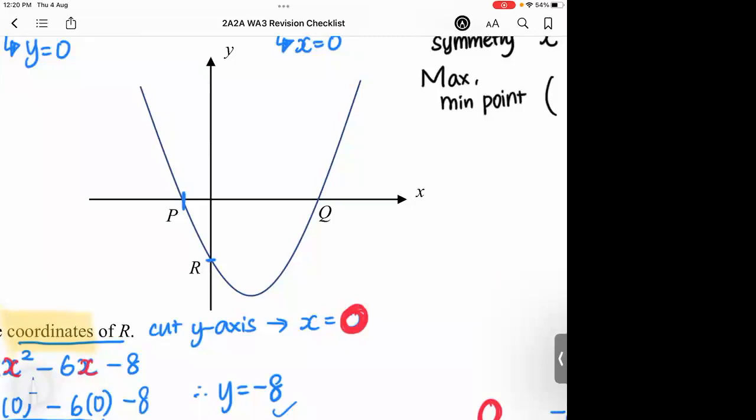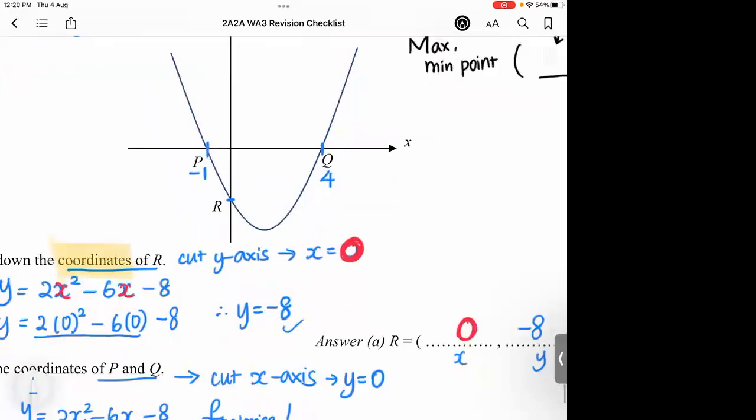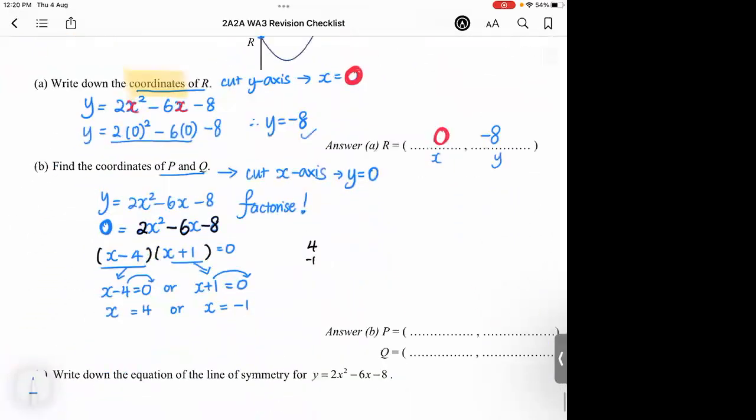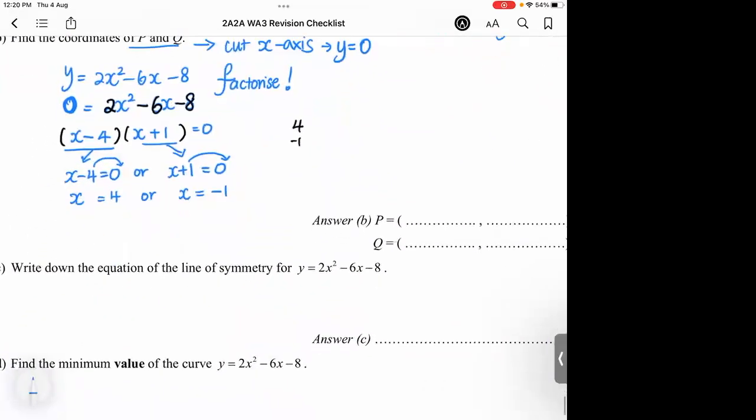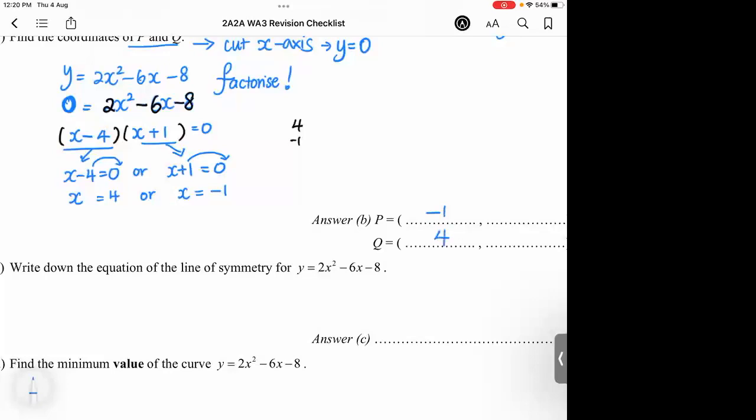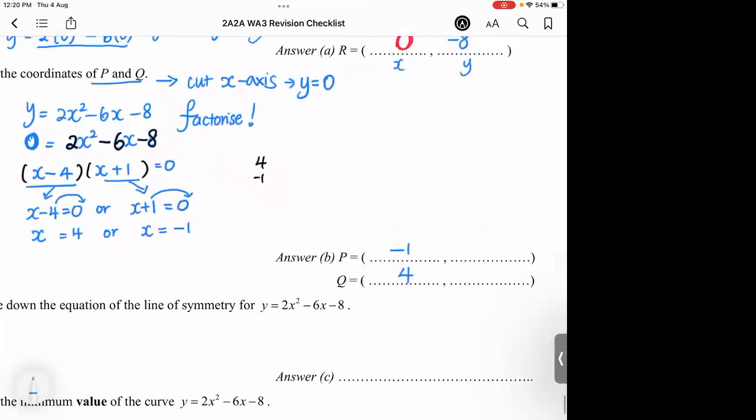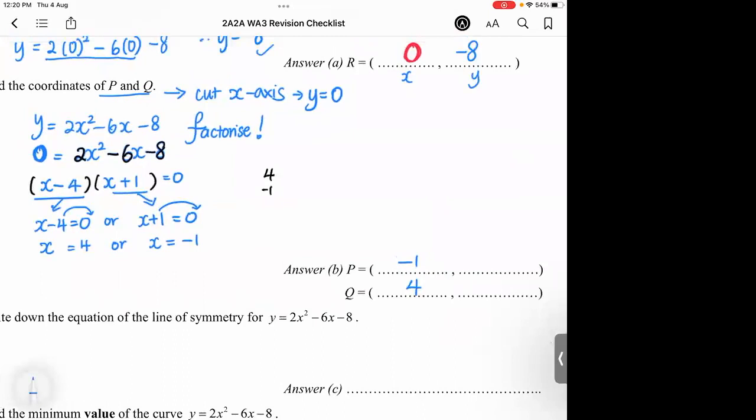No. -1. Thank you. Q will be the 4. Okay, but the question wants coordinates. So I know P is -1. The Q is 4. But they want coordinates. So this is not my final answer. Then I got my x values already, which are -1 and 4.